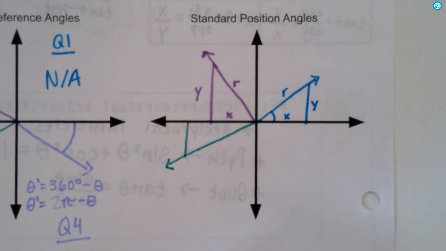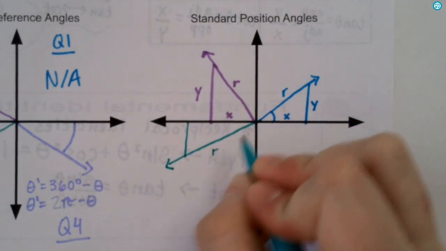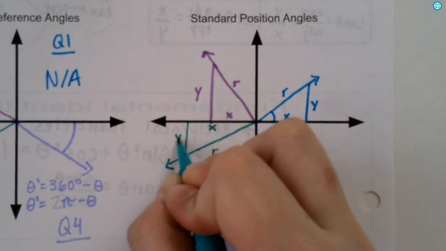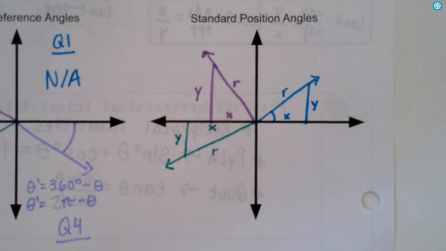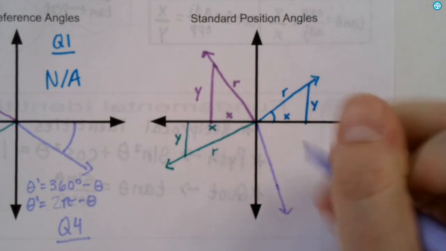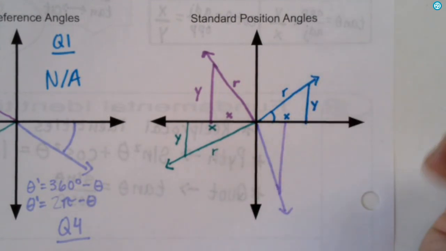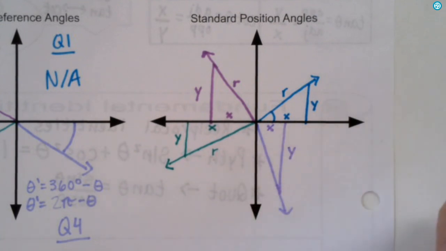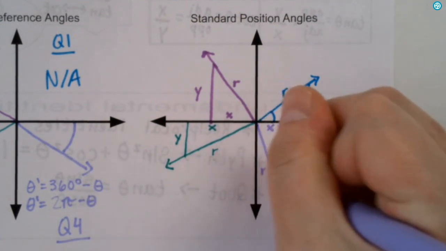Quadrant 3. My R value is still from the center out to my point. My X value is still on my x-axis. My Y value is still on my Y. Quadrant 4, same thing. X is on my x-axis. Y is on my Y. My R value is still my radius.